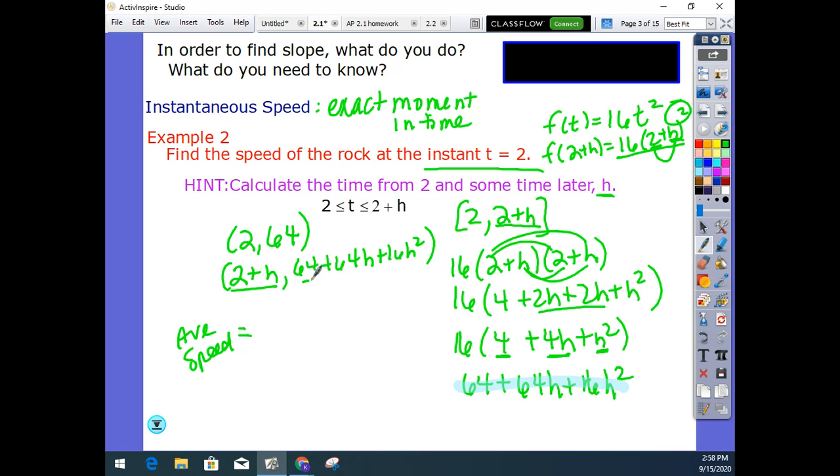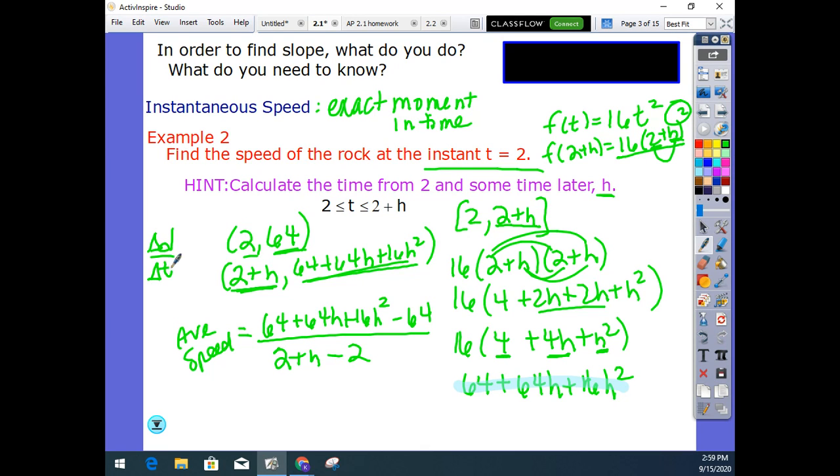So I do my change in distance. I'm going to take 64 plus 64h plus 16h squared, minus 64, over 2 plus h, my change in time, minus 2. Keep in mind I'm still doing my change in distance over my change in time. My change in distance is my y value minus my y value, and my change in time is my x value minus my x value.